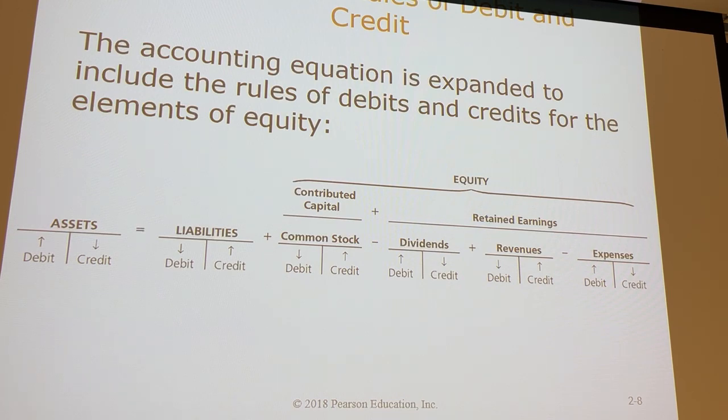Therefore, the general rule that we gave for equity applies to common stock accounts and to revenue accounts. But the opposite rule applies for dividends and expenses. So the rule that would apply to dividends and expenses is actually the same rule that applies to asset accounts, where those accounts, dividends and expenses, go up with a debit and go down with a credit.